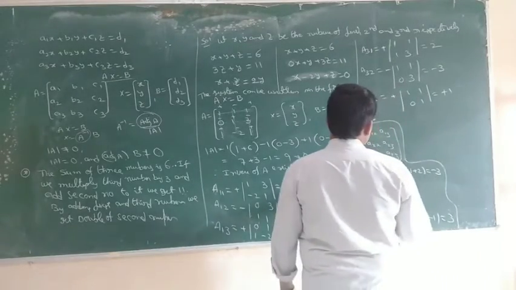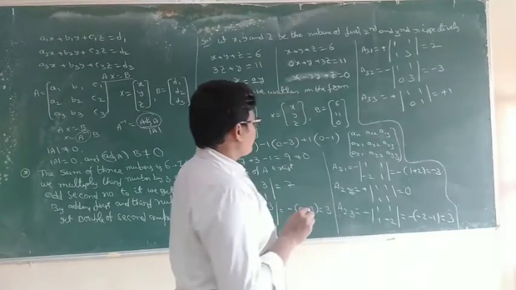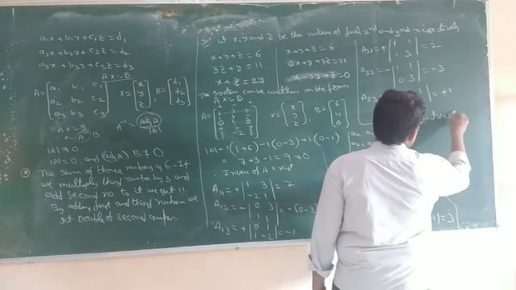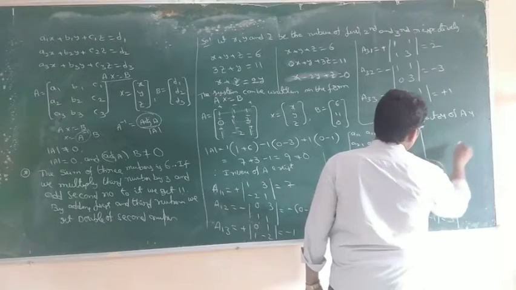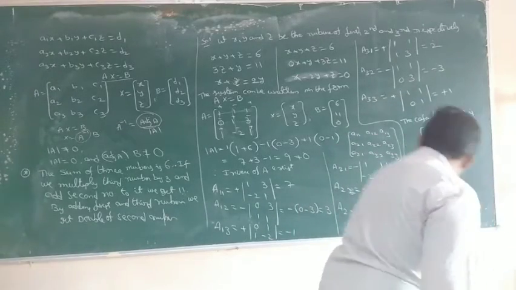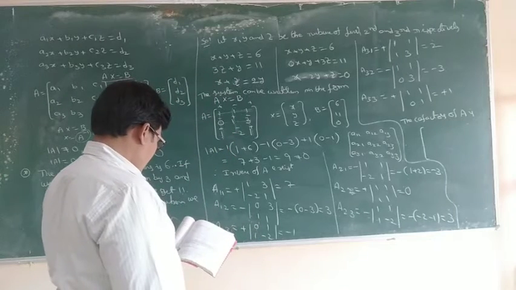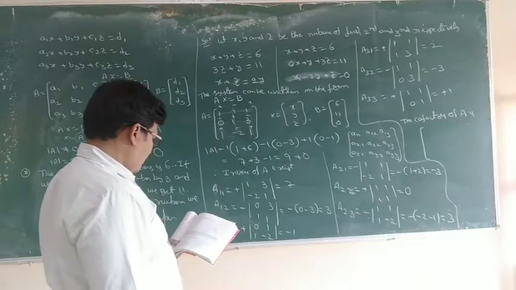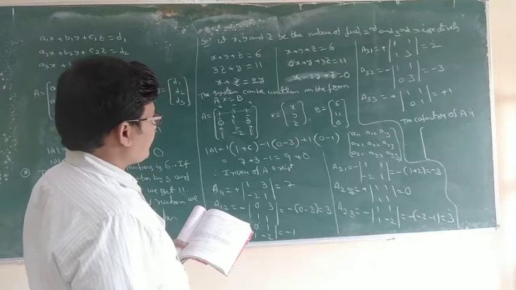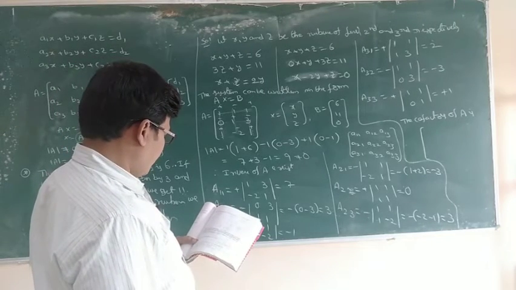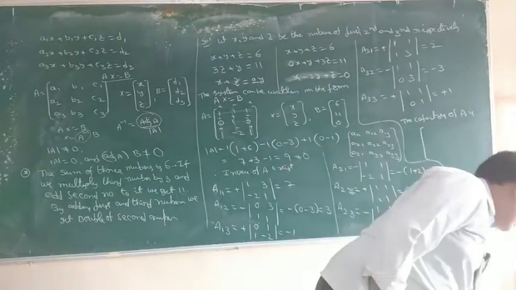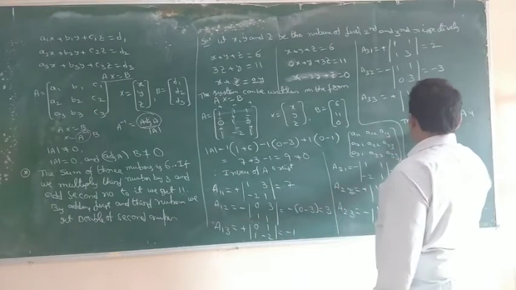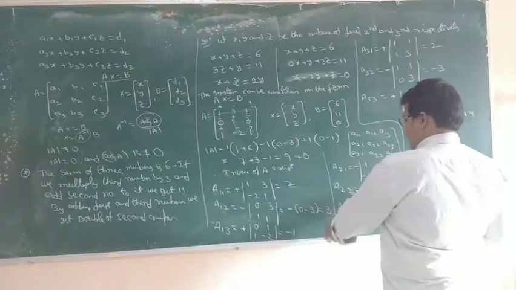Okay, so for the adjoint A, first the cofactors of A. The cofactor matrix, only cofactors: first row 7, 3, minus 1.